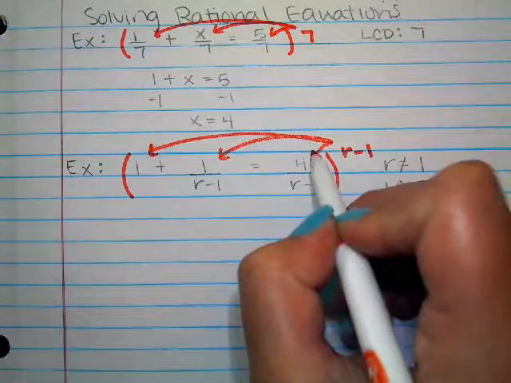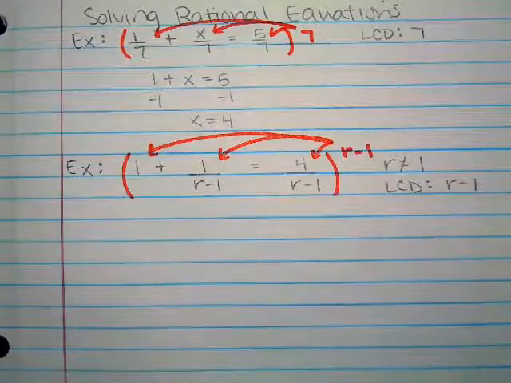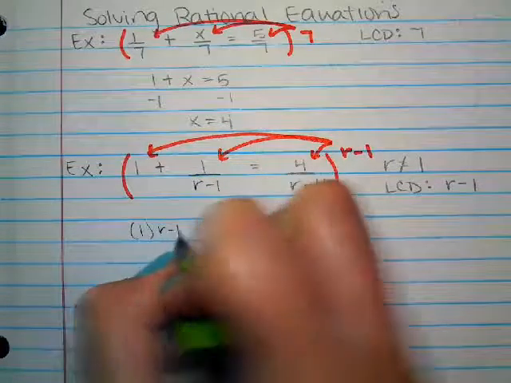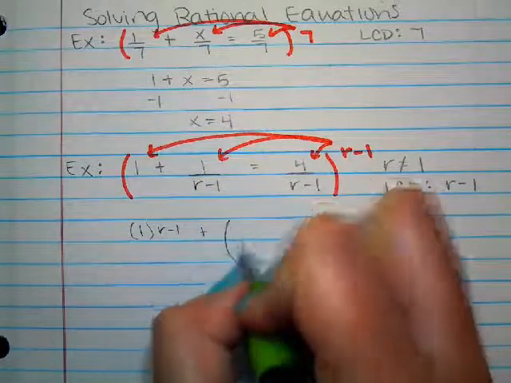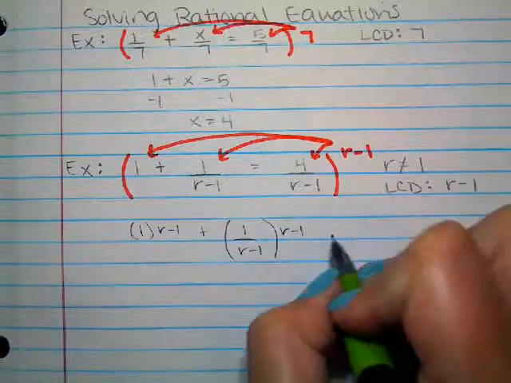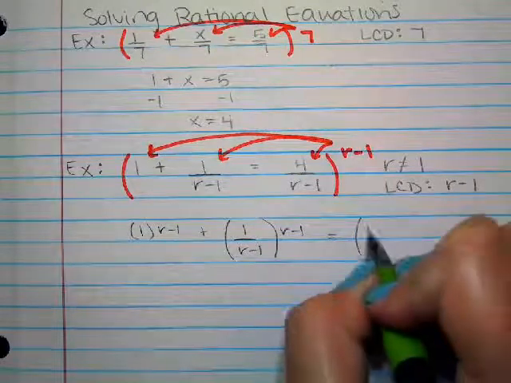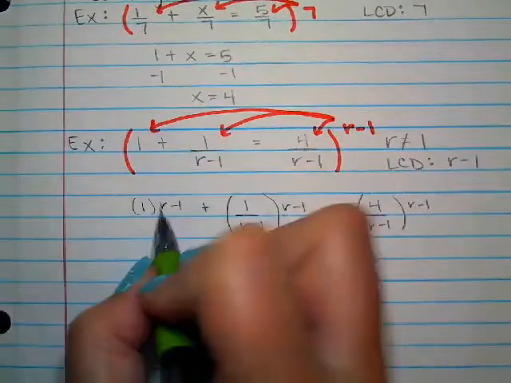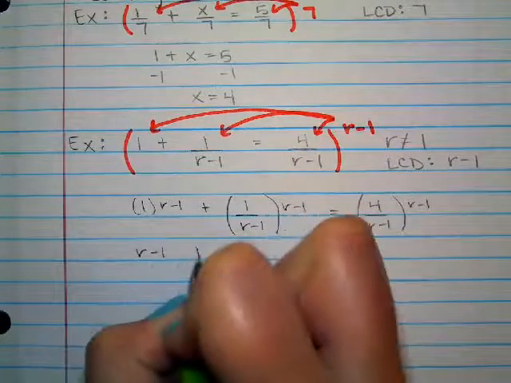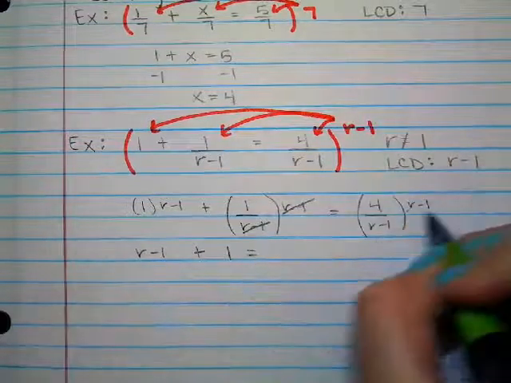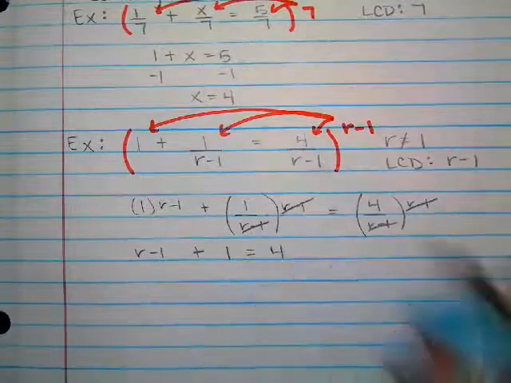So I'm going to distribute it to each thing. So I have 1 multiplied by r minus 1 plus 1 over r minus 1 times r minus 1 equals 4 over r minus 1 times r minus 1. And when I do that, I get r minus 1 plus 1 equals 4.